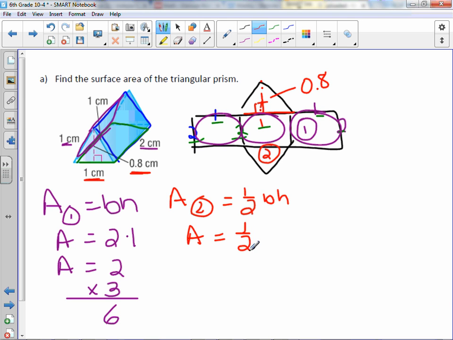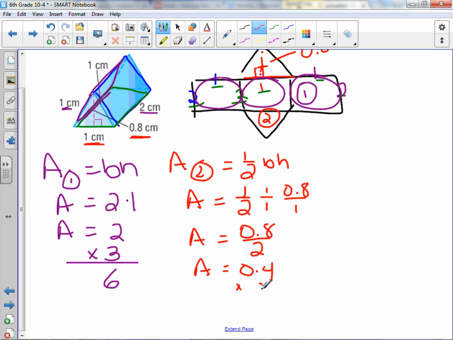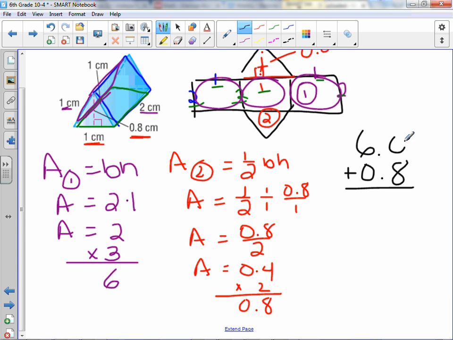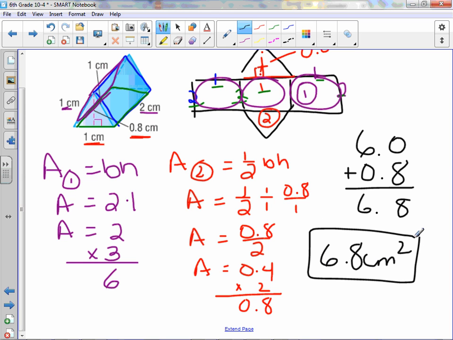The base is 1 and the height is 0.8. So we get 0.8 over 2, which is 0.4. And remember, we have 2 of these triangles, so 0.8. Add the two areas together, line up those decimal points. We get a total area of 6.8 centimeters squared.